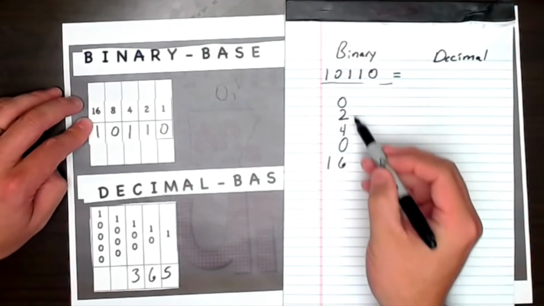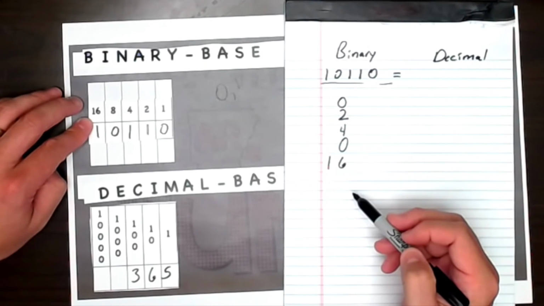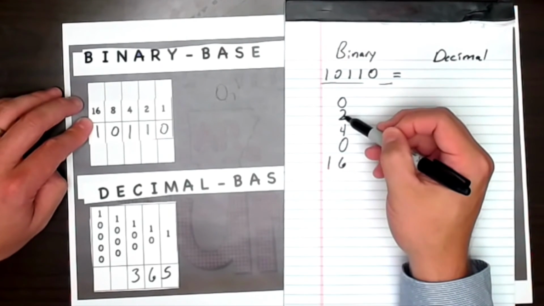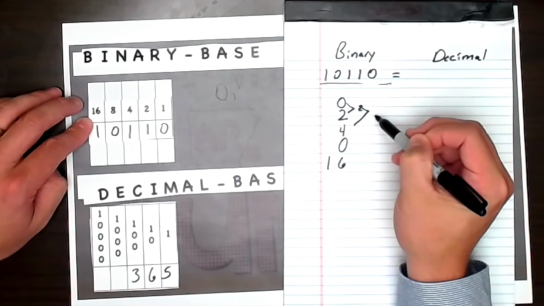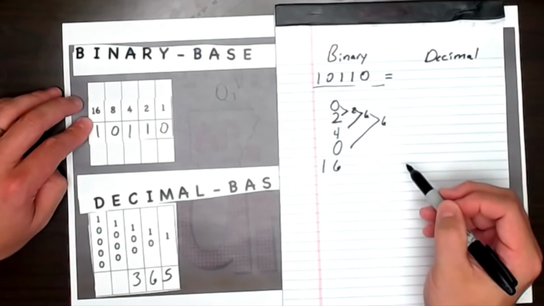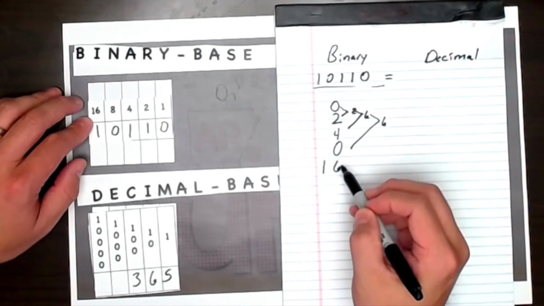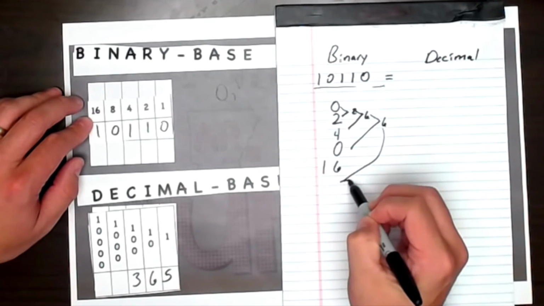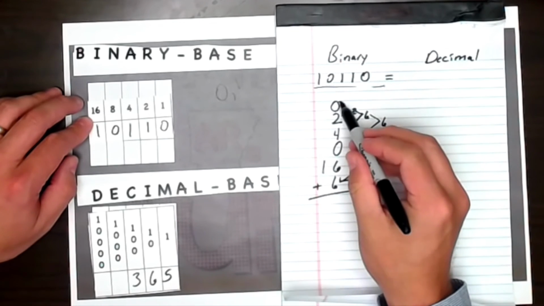We can do that simply by doing this placeholder conversion and then adding it all up. So we have 0 plus 2, which is 2. We add 2 to 4, which is 6. 6 to 0, which is still 6. And then we have 6 plus 16. So I'm going to pull this 6 down here so we can see it, and I'm going to say 16 plus 6.